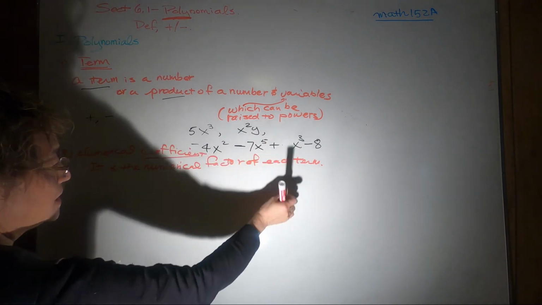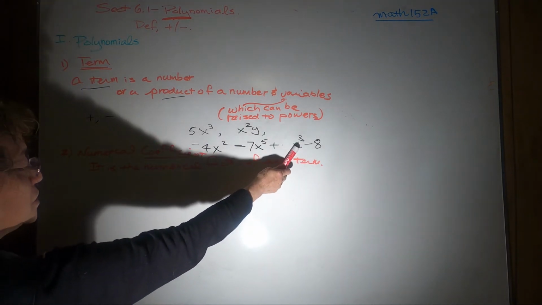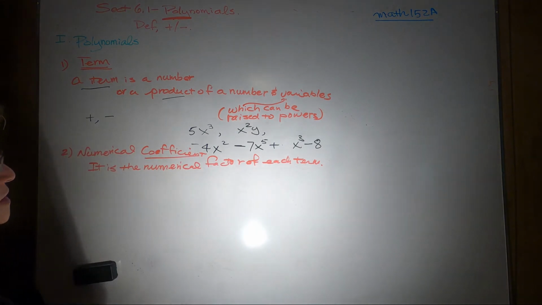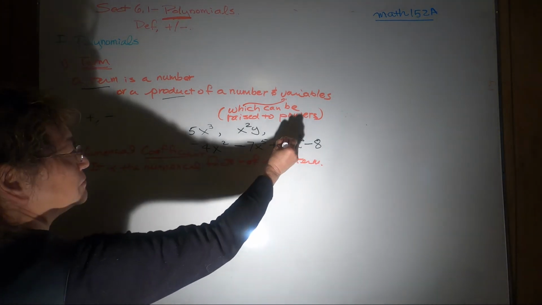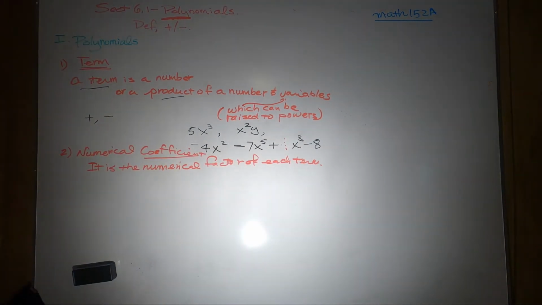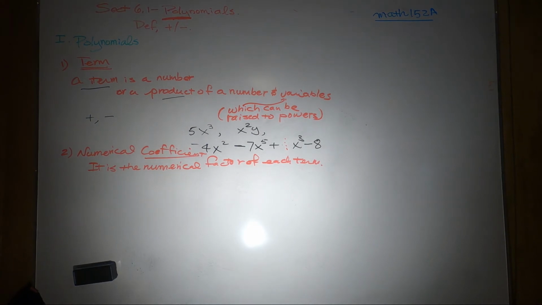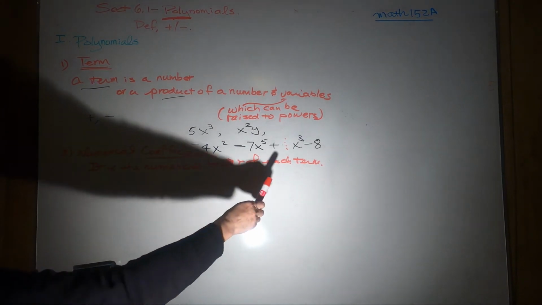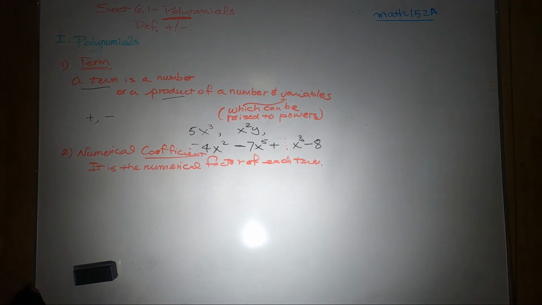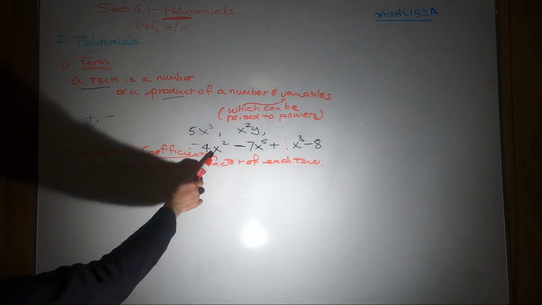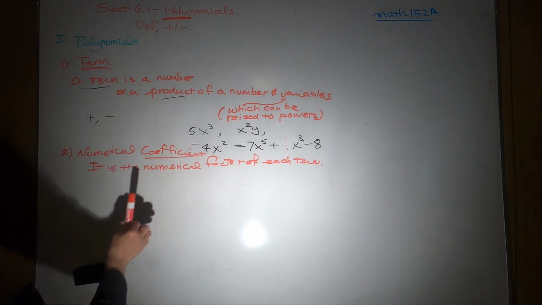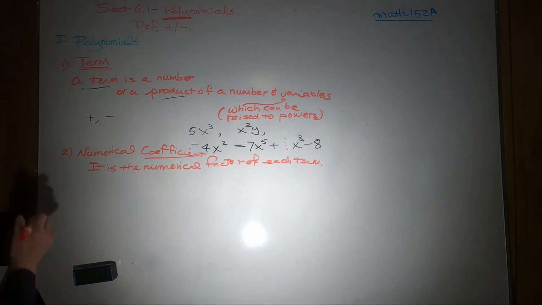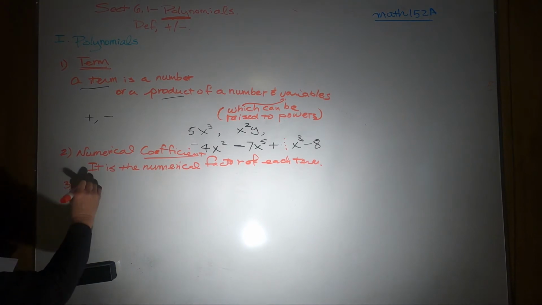Then if I don't have anything here, plus x cubed, this term, what do you think the coefficient would be? Invisible 1. Is that right? Okay? So numbers, we don't talk about coefficient because those are for what? For the x's.